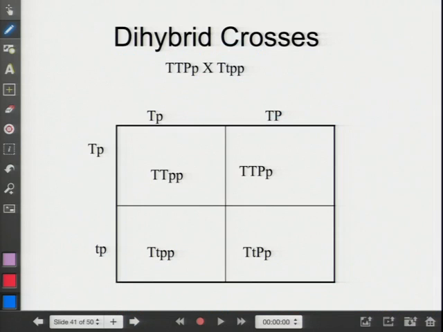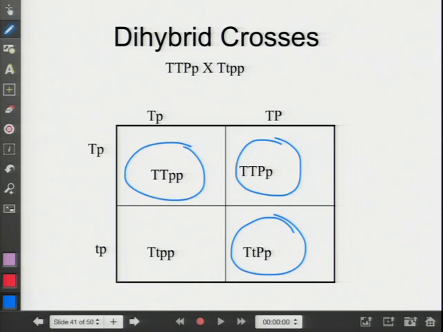So if you fill that out, right, this is what you get in the squares. And we would say, how many different genotypes are in this? 4, right? All are different genotypes. So what about phenotypes? We don't really know what they stand for, but as far as recessive and dominant, 2, right? This is double dominant. This is double dominant. This is dominant recessive.